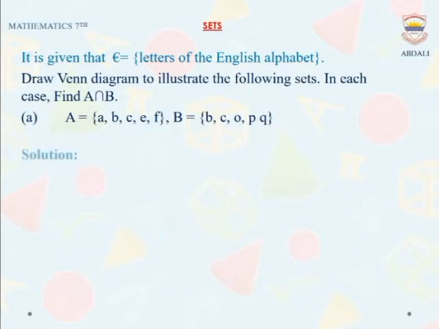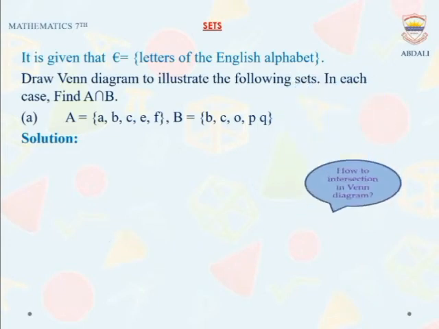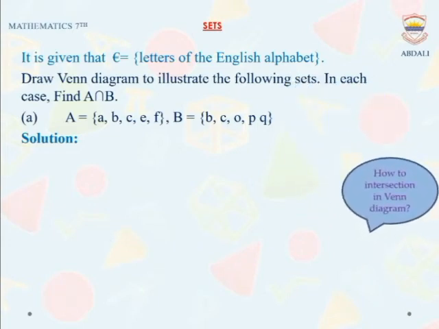So let's start the solution. So class, here a question will arise: how to represent intersection in a Venn diagram. Yes, how to do intersection in a Venn diagram?